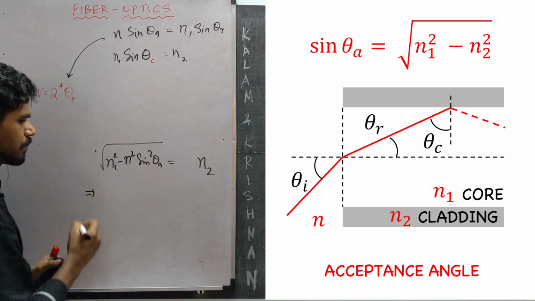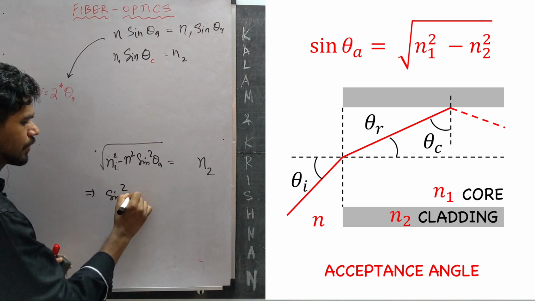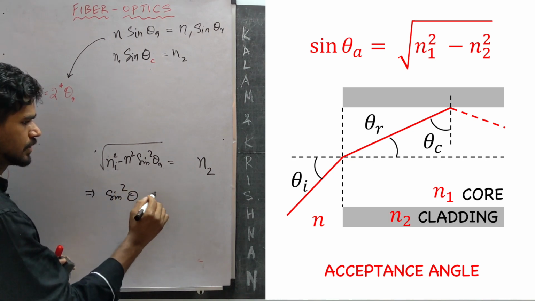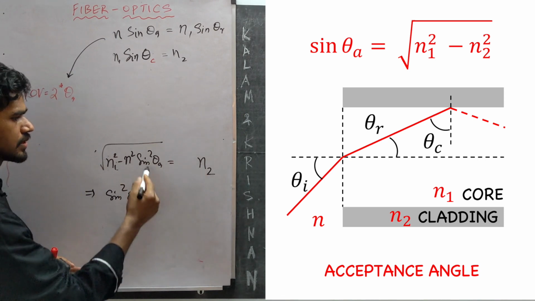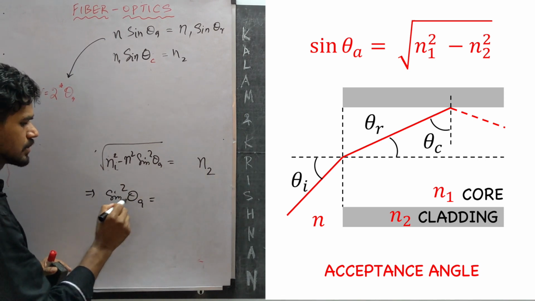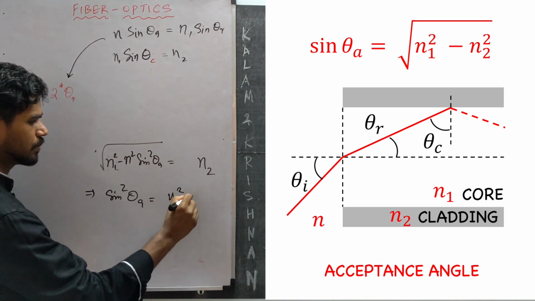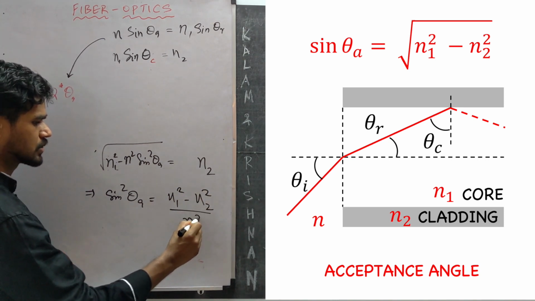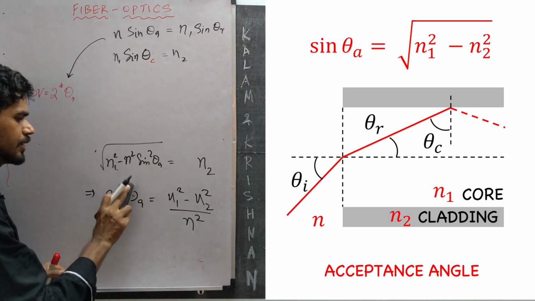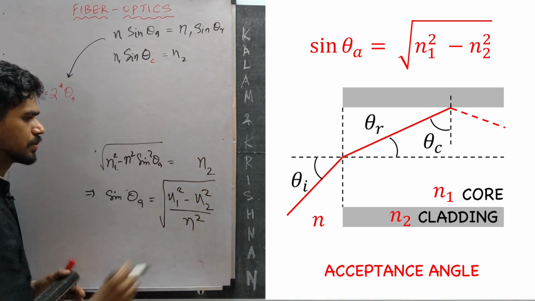Now this implies sin square of theta A is, take the square of this, bring the n2 to this side, and n square sin theta A to this side. So this is n1 square minus n2 square by n square. So sin of theta is square root of this term.